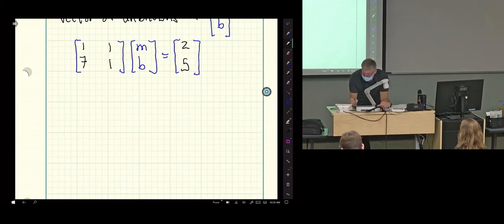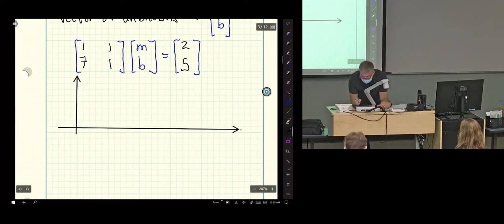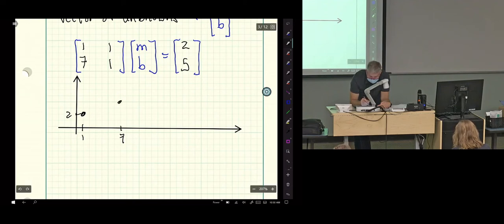So, this one we're going to do much more quickly. So I still have the point 1, 2, and I still have the 7, 5. And then I'm going to throw in another point.